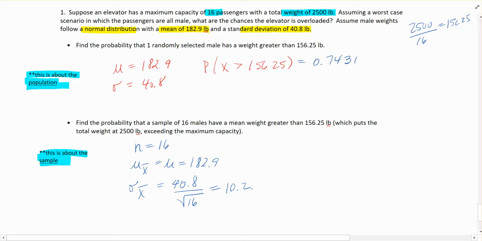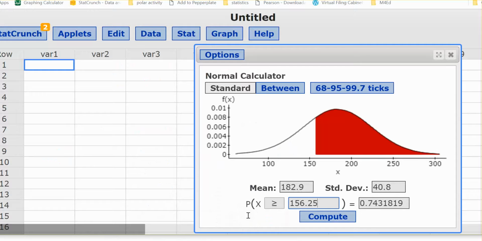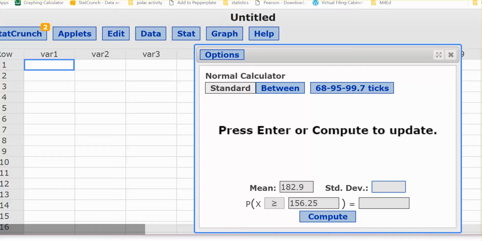So the question that I'm asking now becomes: what's the probability that my sample mean, and notice that I am looking at x bar now instead of x, is greater than 156.25? Going back to StatCrunch, the sample mean stays the same, but remember the standard deviation is now going to change to the sample standard deviation of 10.2.